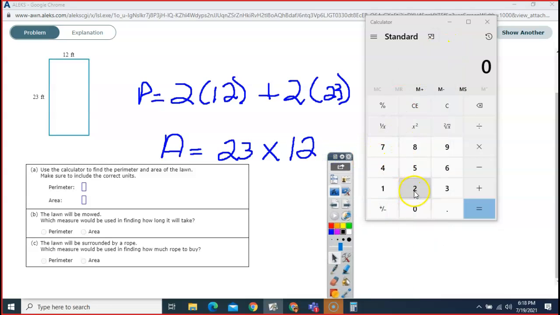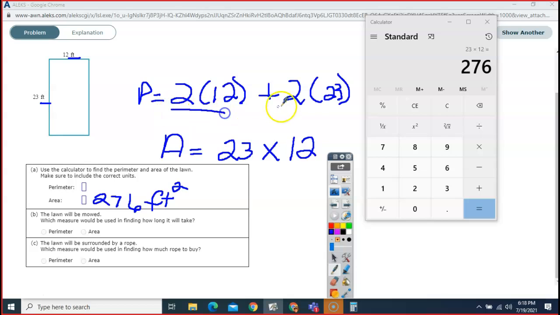The area is 23 times 12. Area is generally going to be bigger than perimeter. So the area is 276. And then it has feet here, so it's feet times feet. So that's feet squared. Square footage.